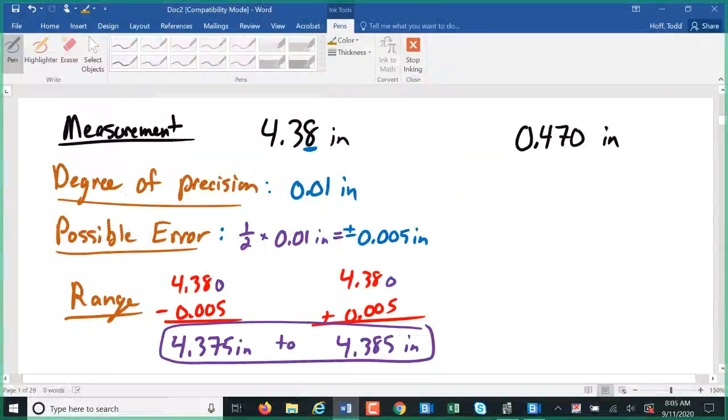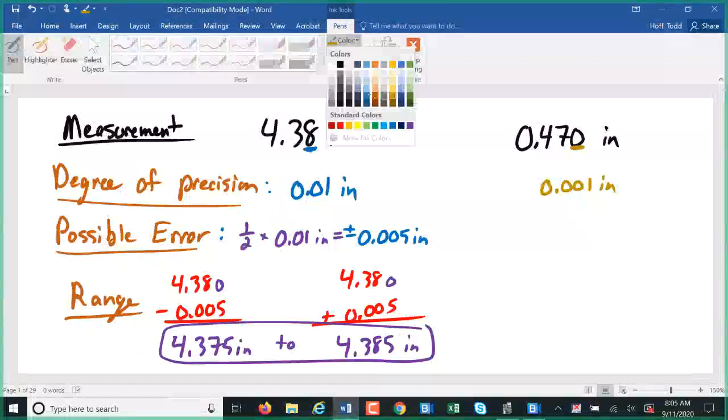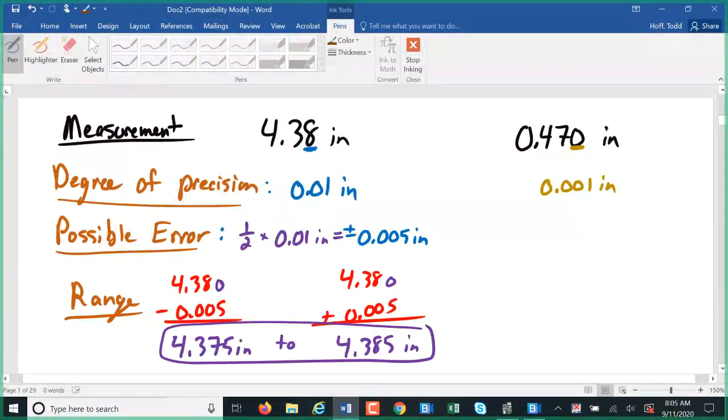The second one here, the 0.470, well, that last digit is in the thousandths place. So the degree of precision there is a thousandth of an inch. The possible error is half that.